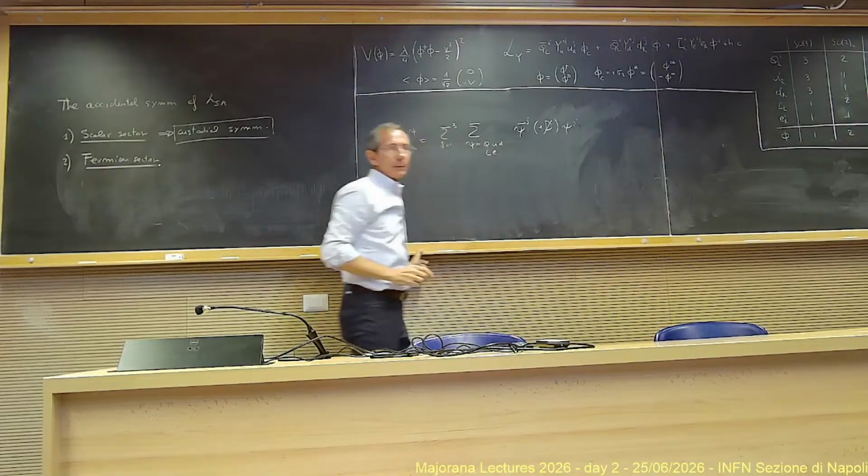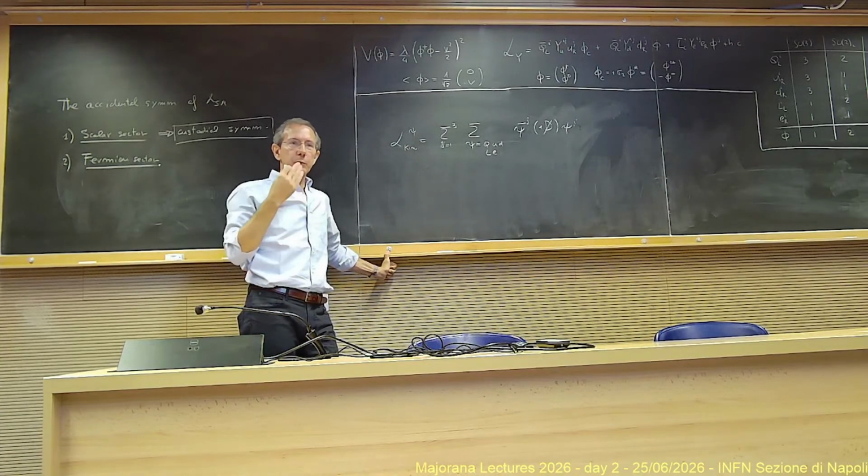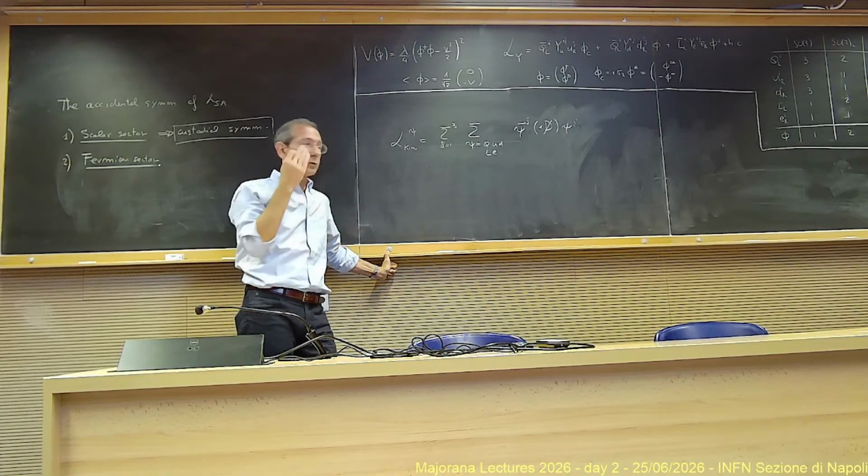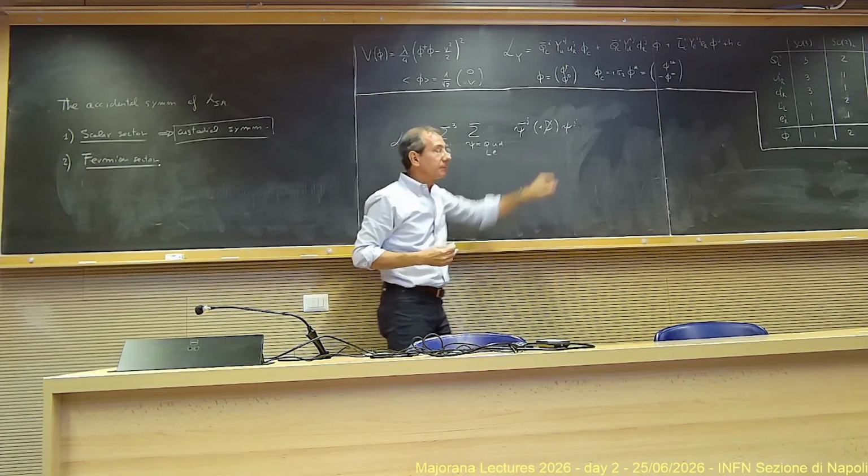This is the kinetic part of the Lagrangian, and the part that contains interaction between the fermions and the gauge. So electromagnetism, QED interaction, is all here because of the covariant derivative.